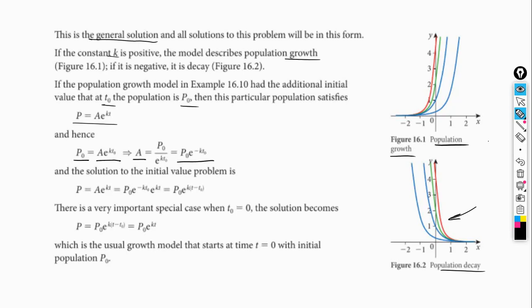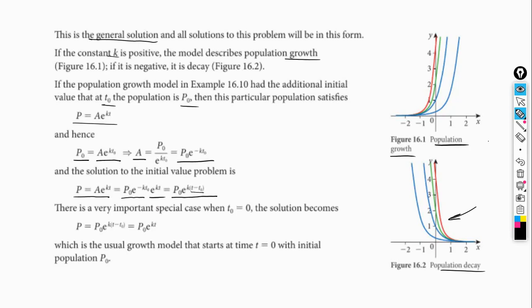And the solution to the initial value problem is p is equal to a e to the power of kt, which would be equal to p sub 0 times e to the power of minus k t sub 0 times e to the power of kt, and we end up with the expression p sub 0 times e to the power of k times t minus t sub 0.